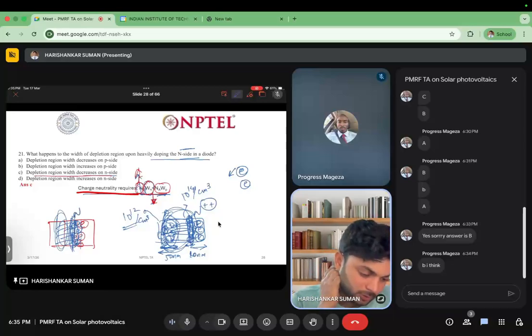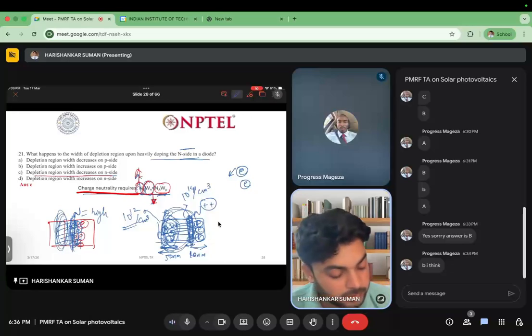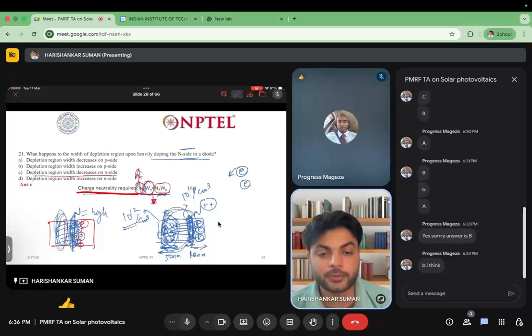The number of electrons is too high, so one electron recombines with one hole, so the P side is increasing and the N side will be decreasing. Clear now? Clear to you?